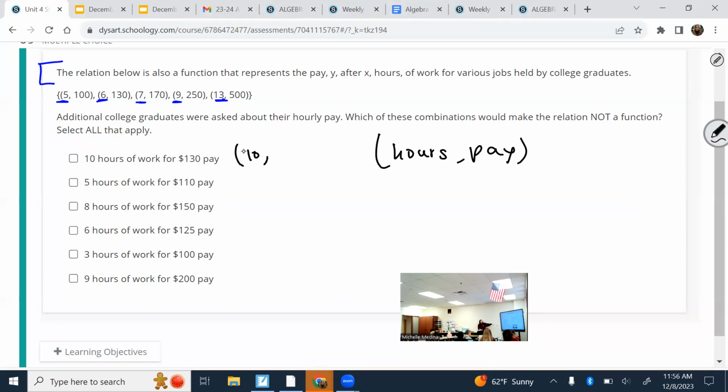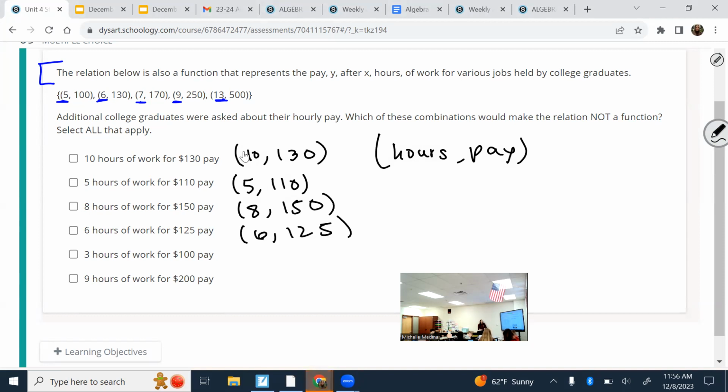If I put these all as coordinates and I added them to my list, we want to know which ones make it no longer a function. So pay attention to what each represents. It could be that they said $100 pay for 3 hours, but you still need to write it with the hours as the input. So then which of these would make it not a function?